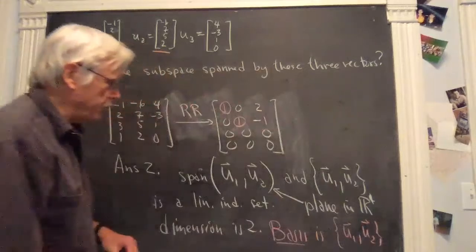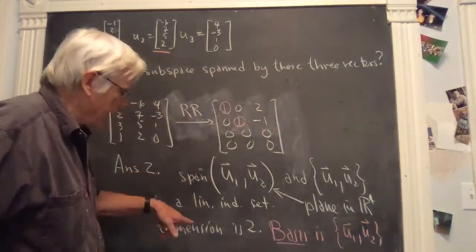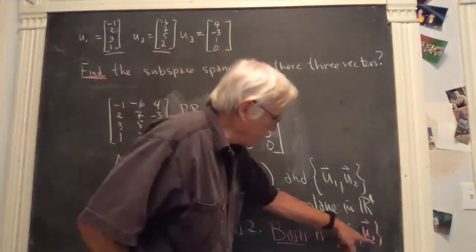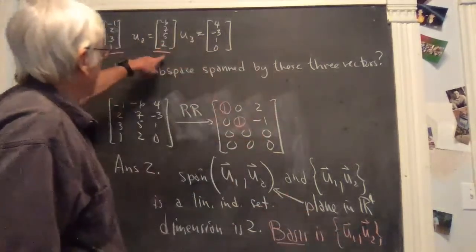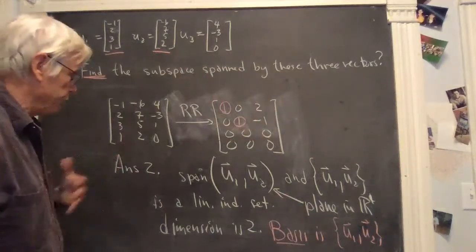So a basis for saying that this is a plane and its dimension is 2 is this set of two vectors, which we know is linearly independent. So it's a basis for our judgment.